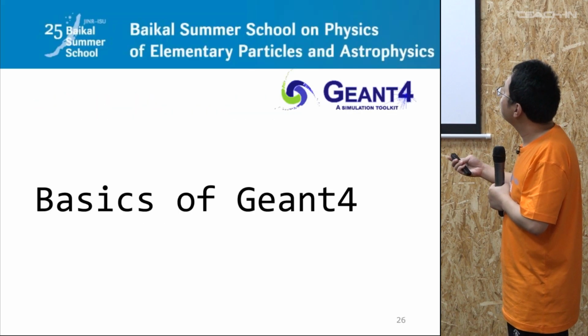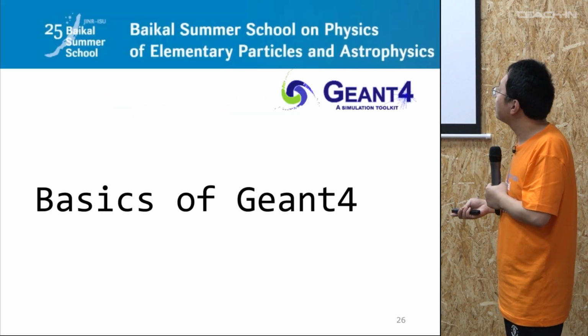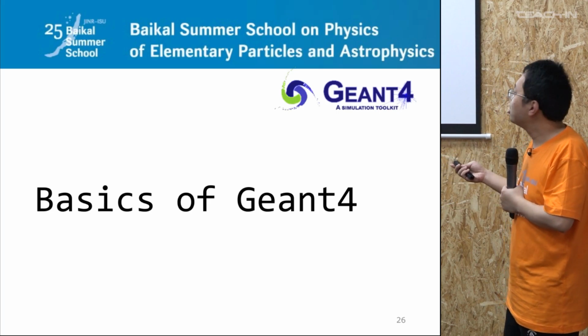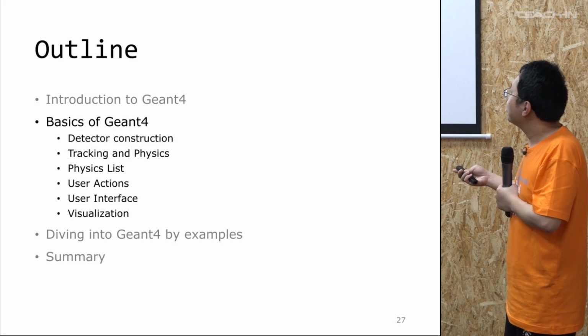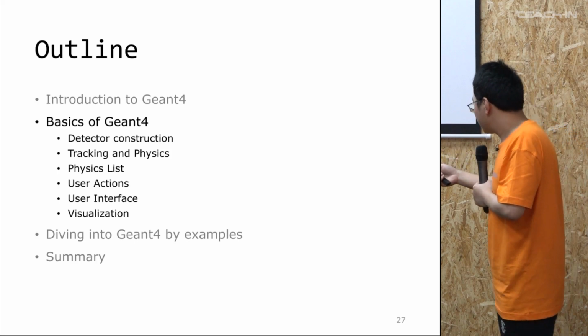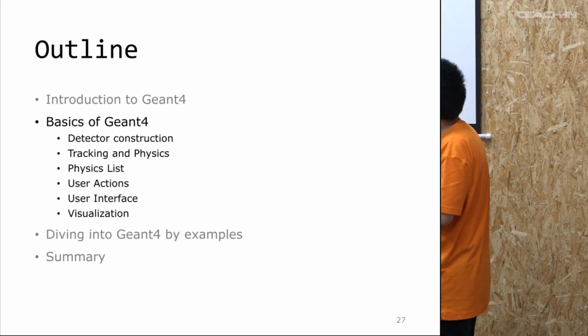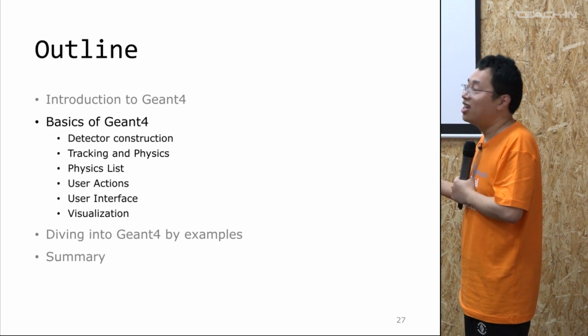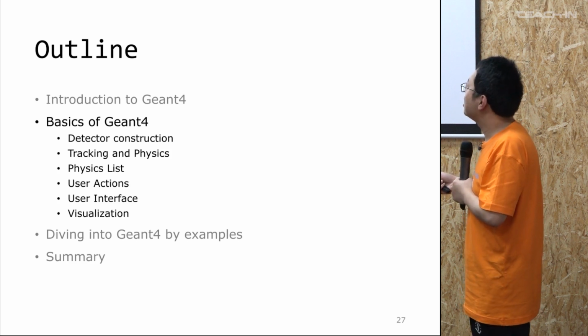Okay, so I think we can just go fast. Then let me move to the basics of Geant4. I will go through this part. First, a bit of detail about how to construct a detector in Geant4.